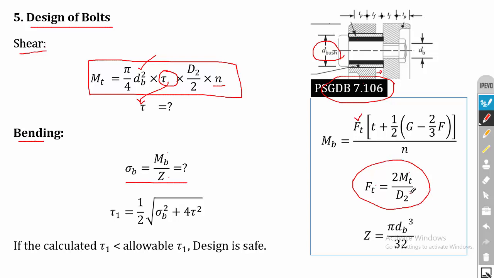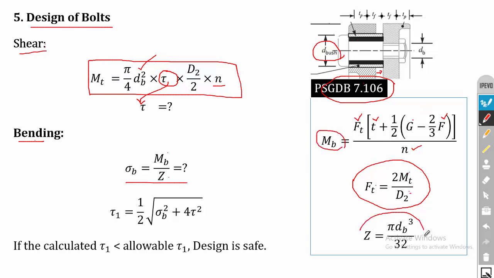Mt is torque and D2 we have already calculated. Then t, g and f, all the data we have already selected at step number 2. So g is the gap, f is the bolt diameter, t is the thickness, N is the number of bolts. So you can substitute everything, and finally you can calculate the value of Mb.